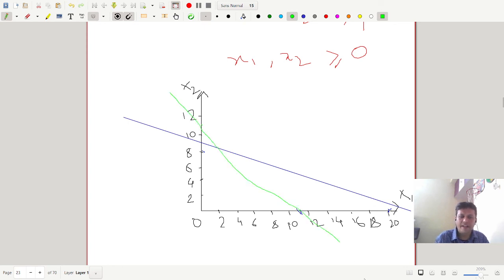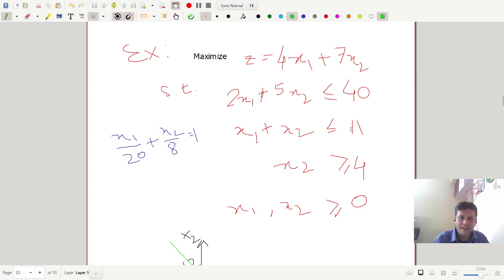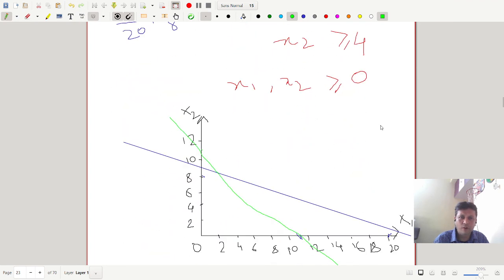This is another straight line, and you have x2 greater than or equal to 4. So x2 equal to 4 will be parallel to the x1 axis. This is the x2 equal to 4 line. So these are the three lines.